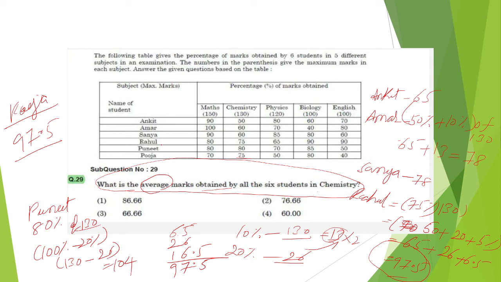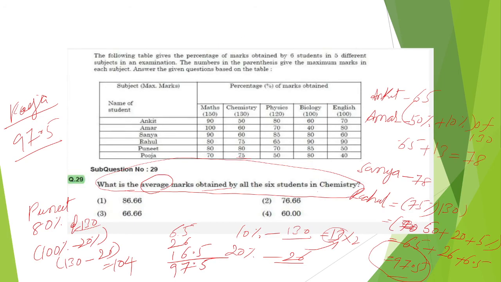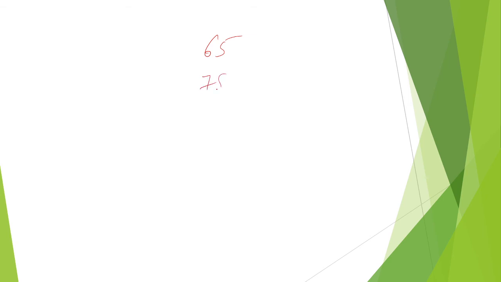Now we will do the average. First, Ankit got how much? 65 marks. Next, Amar, 78. Next, Sanya, 78.